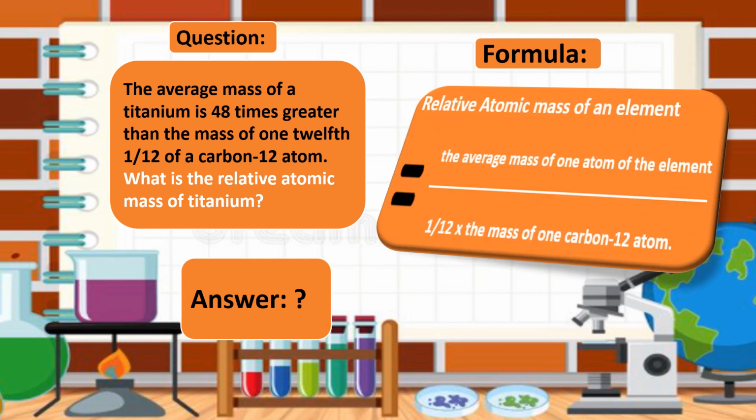I would like you to use the same formula as in our previous slide. What is the average mass of an atom of the element here? Our element is titanium, so the average mass is 48. So we write 48 over 1/12 times 12. What is the relative atomic mass of titanium?